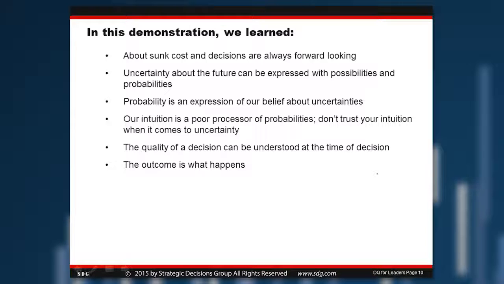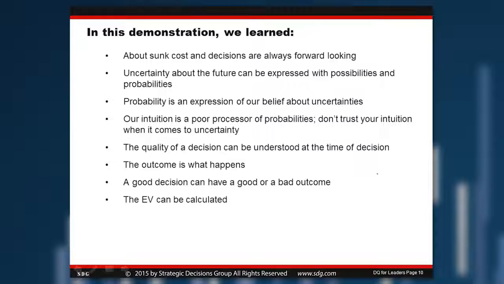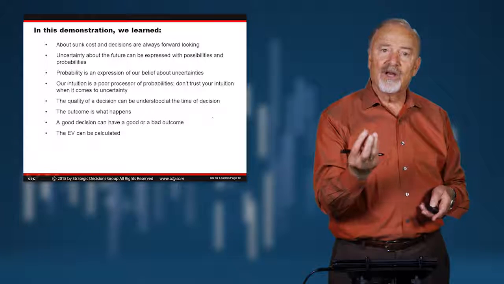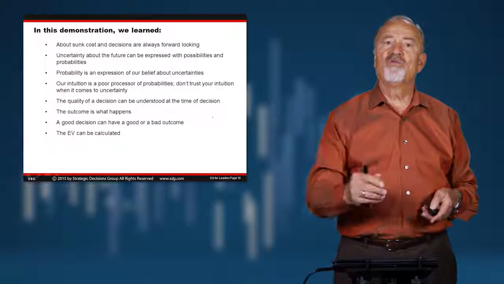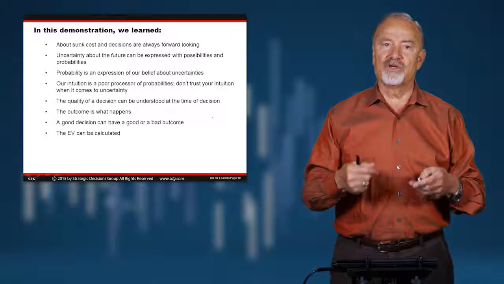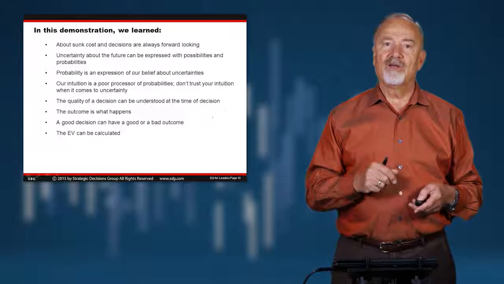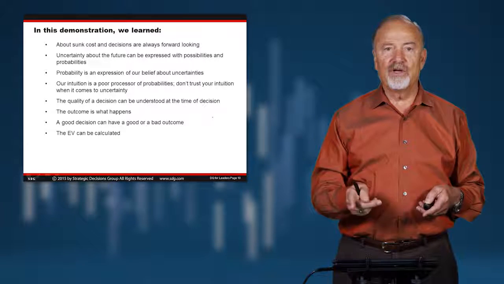And the outcome is what happens. So a good decision can have a good or a bad outcome, and you don't then undo it. In fact, Ron Howard likes to say, a good decision never turns bad, and a bad decision never turns good. It's just that we might have a good or a bad outcome. And we can also calculate an indicator that we call the EV that gives us the value for a risk-neutral decision maker. Thank you, and we'll continue in another session.